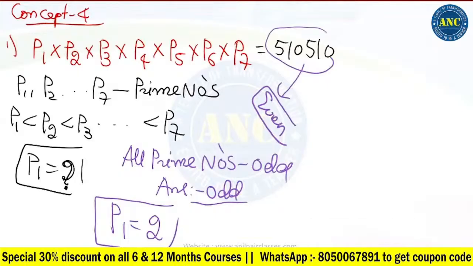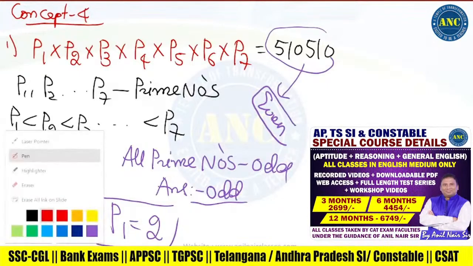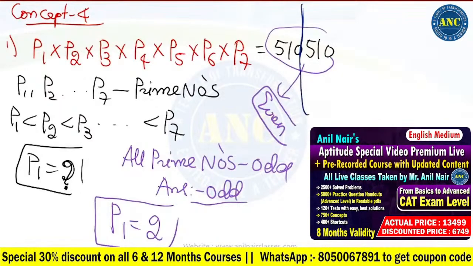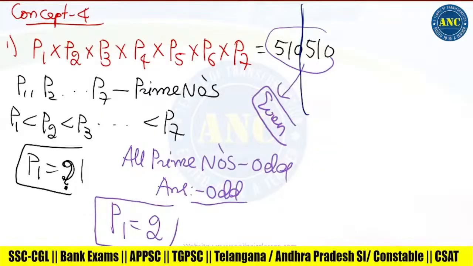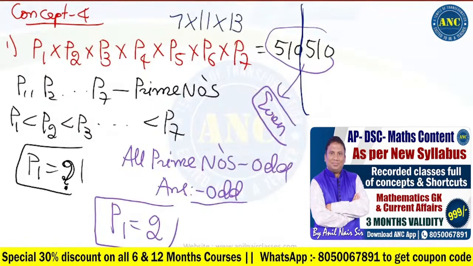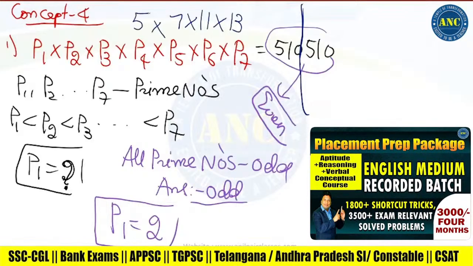Now if you see carefully, I discussed in the previous session, any 3-digit number written an even number of times is always divisible by 7, 11, 13. It is ending with 0, so if I multiply by 5, the unit digit will be 0.